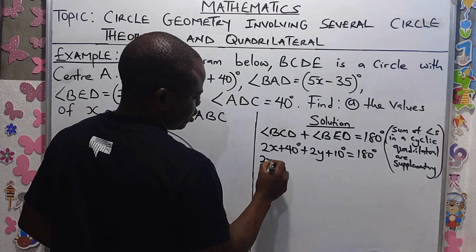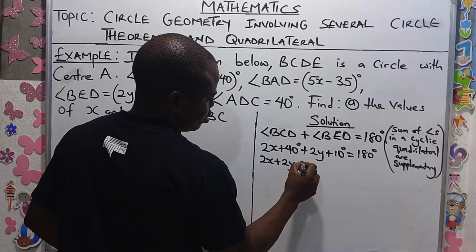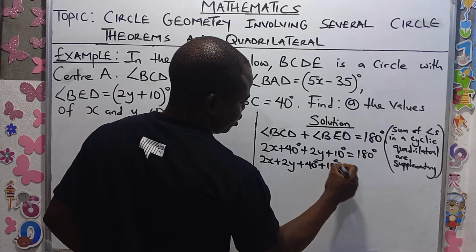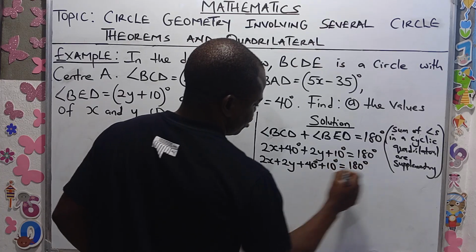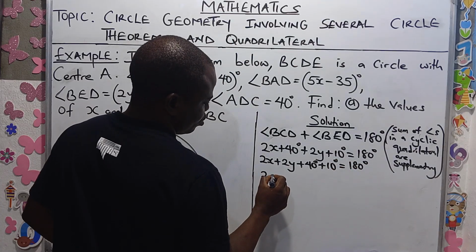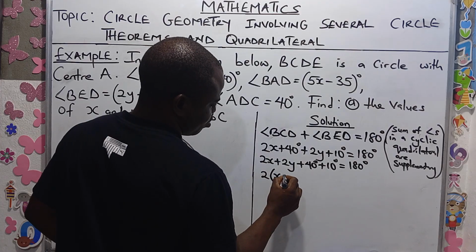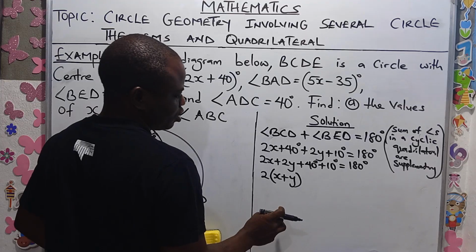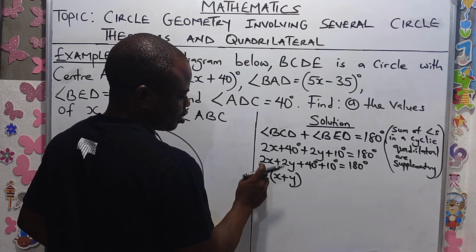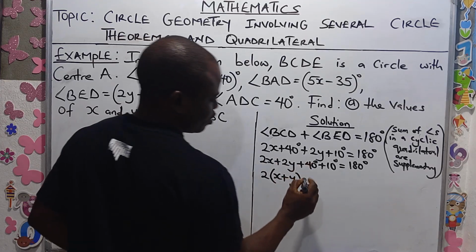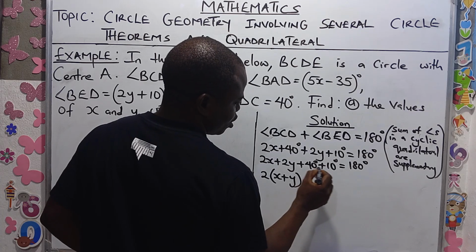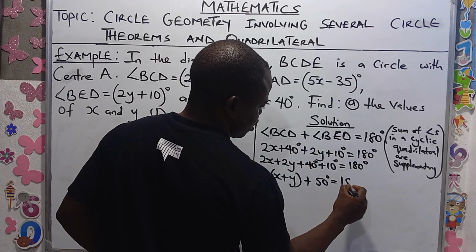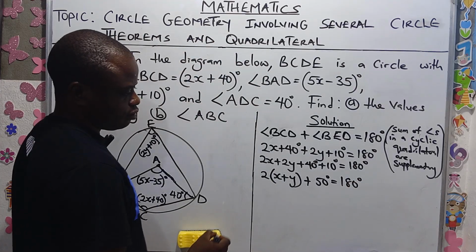Now 2x plus 2y plus 40, let's rearrange it, plus 10 degrees equals 180 degrees. 2 into x plus y, because 2 is common to 2x and 2y, factorize it out, plus 40 plus 10, that's plus 50 degrees equals 180 degrees.